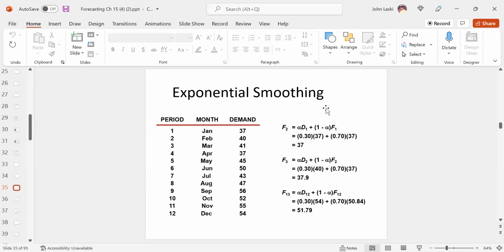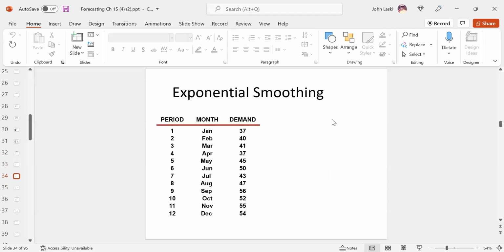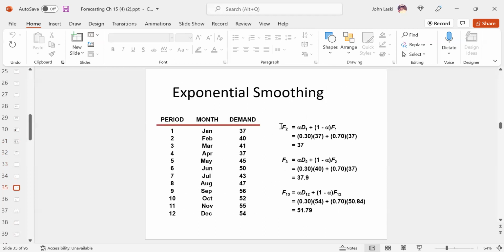So remember up here, we did t plus 1, f sub t plus 1. Well, what we're doing here is we're actually identifying the periods. Now, realize what we need to make this equation work. We need the demand data from period 1. Do I have that? Yeah.